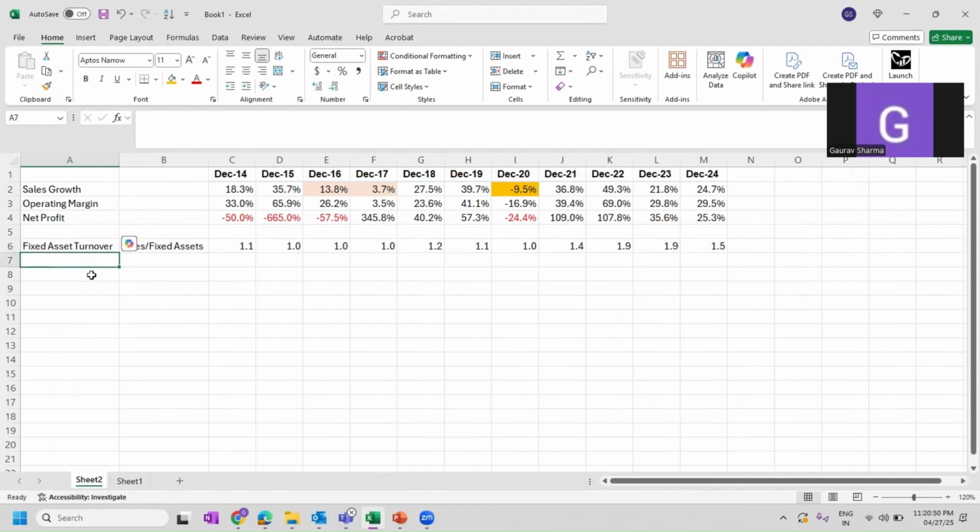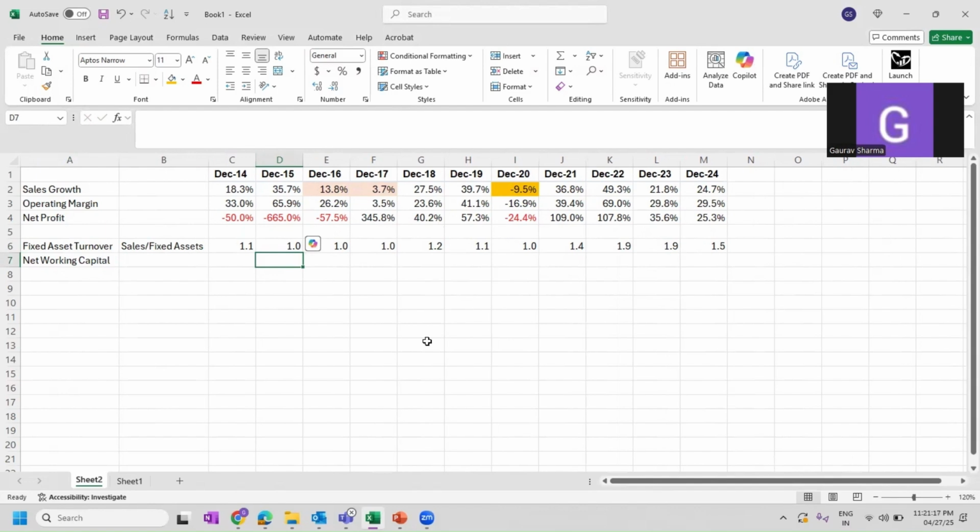Then we move on to another ratio. Let's do net working capital. So you all know working capital. That is current assets minus current liabilities. Net working capital ratio is pretty much the same. The only difference being you subtract the liquid assets.